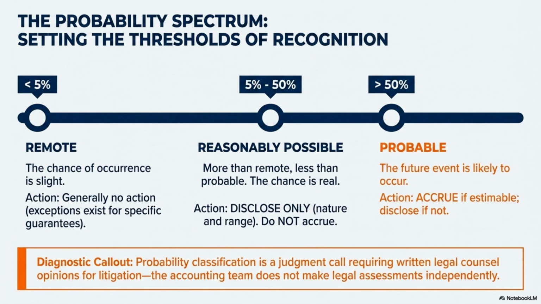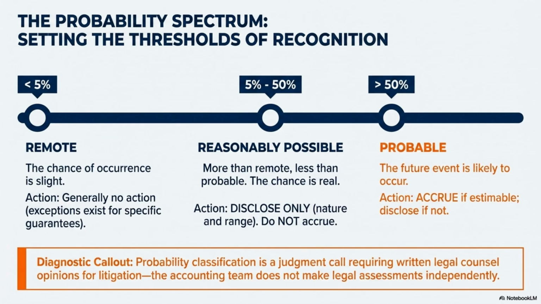In the middle is reasonably possible, covering the 5 to 50% range. More than remote but less than probable. Your action here is disclosure only. Describe the nature and the range in the footnotes. Do not accrue anything on the balance sheet. On the right is probable, where the future event is likely to occur, generally above 50%. If probable and estimable, you accrue.